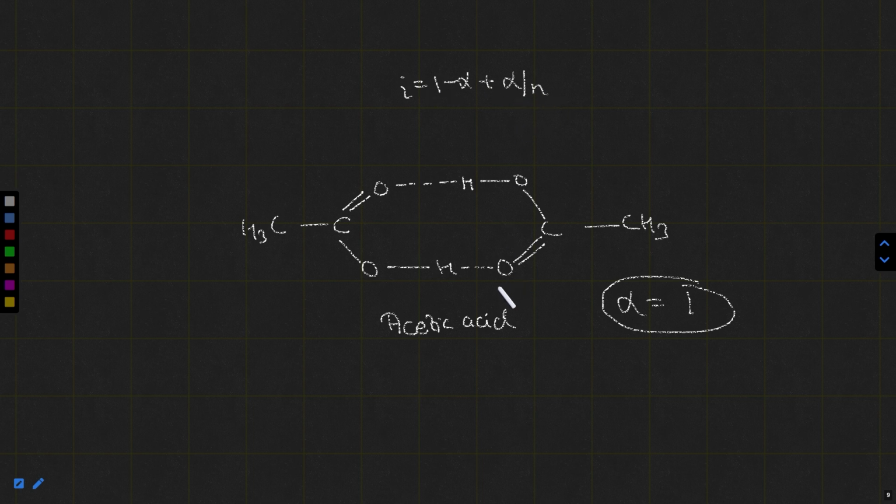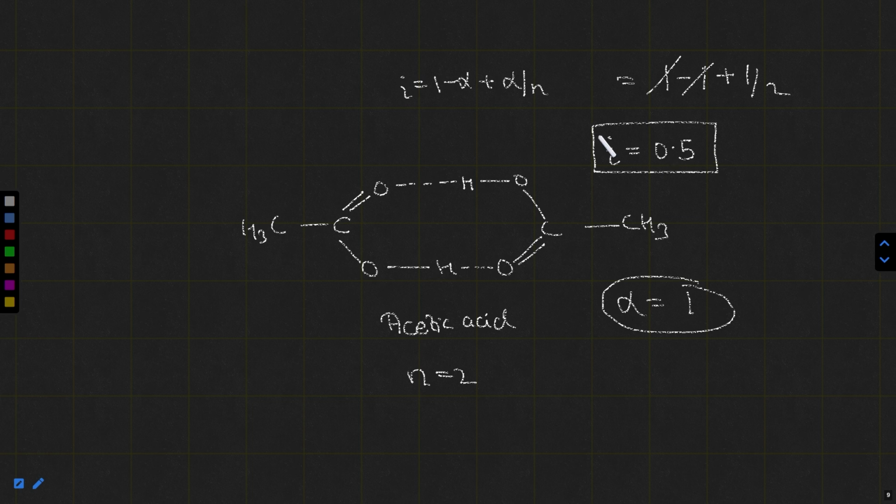What is n here? n will be 2, because dimerization is taking place; 2 solute particles are dimerizing. So the formula will be 1 minus 1 plus 1 divided by 2. So this 1 will get cancelled, and we will get i equal to 0.5.